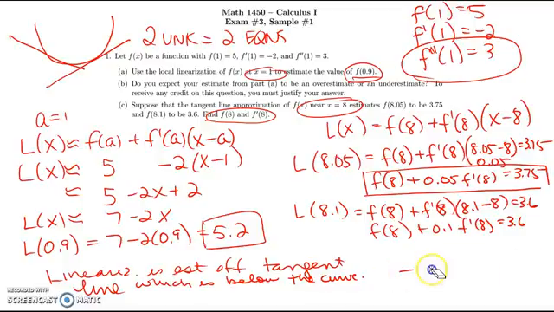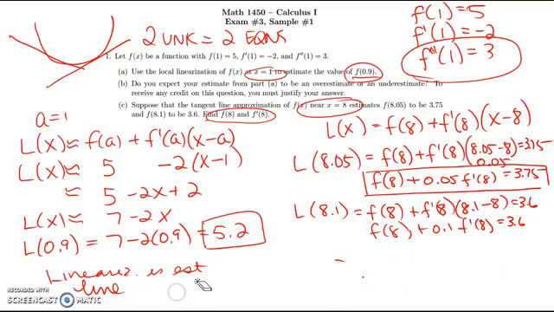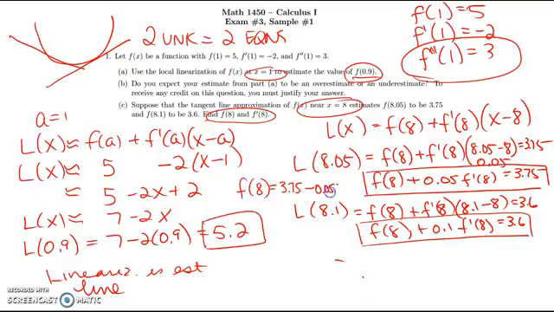Here's my second equation. Two equations, two unknowns. I'm going to take the first one, and I'm going to solve for f of 8. So f of 8 equals 3.75 minus 0.05 f prime of 8.